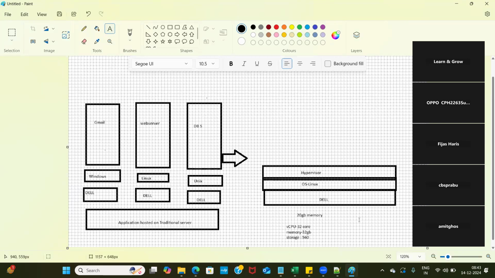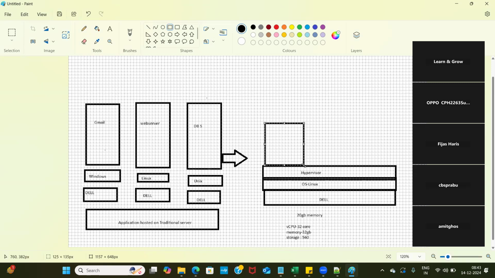Now, what will the hypervisor help us to create? 3 VMs as per my plan or as per my requirement. My organization will create 3 VMs: 1, 2, 3.